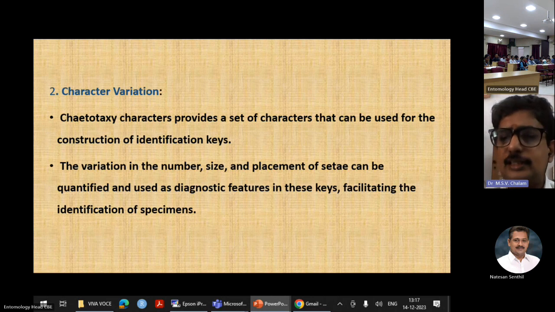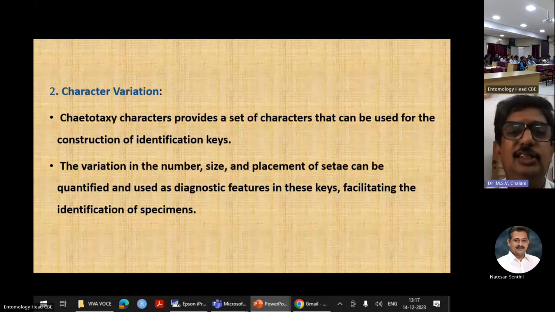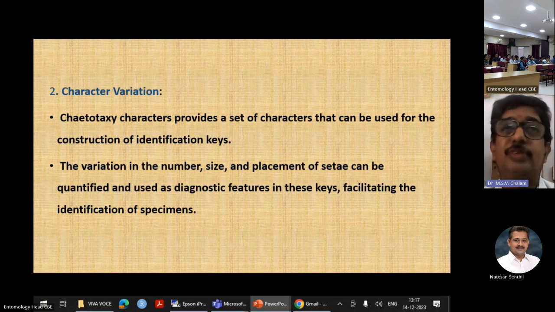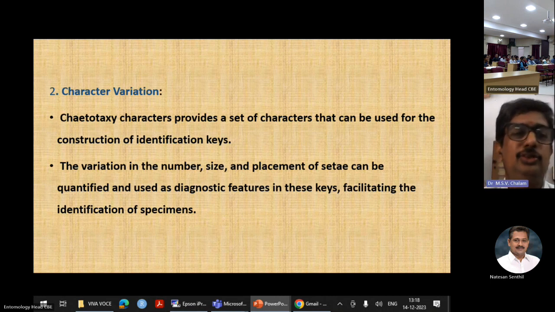With the help of Chaetotaxy and the explored larval characters, you can simply construct a pictorial key for the identification of caterpillars, which will be very useful for field level workers, maybe not for the entomologist, but for the field level extension worker. By simply studying the characters, the color, the banding pattern, they can easily identify. So Chaetotaxy studies are useful for the construction of taxonomic keys. Next one, please.